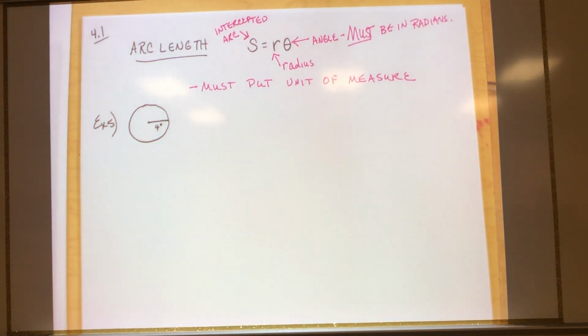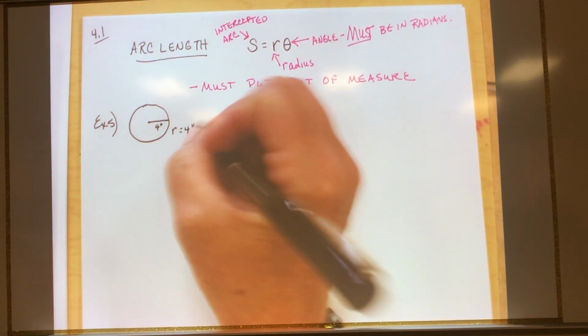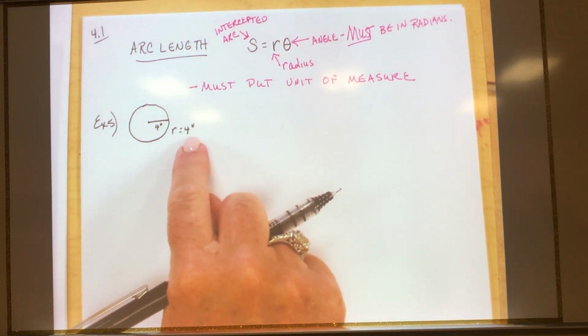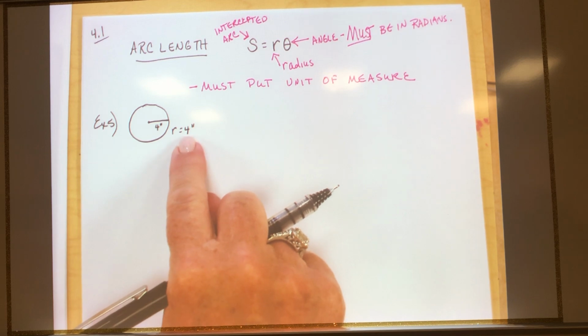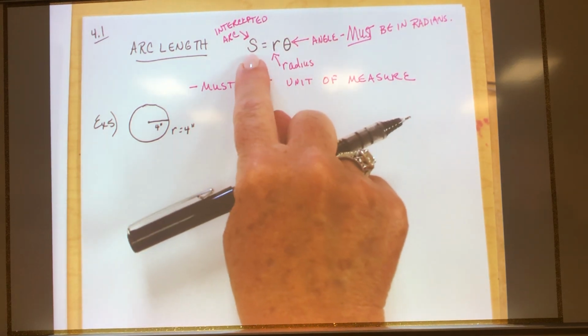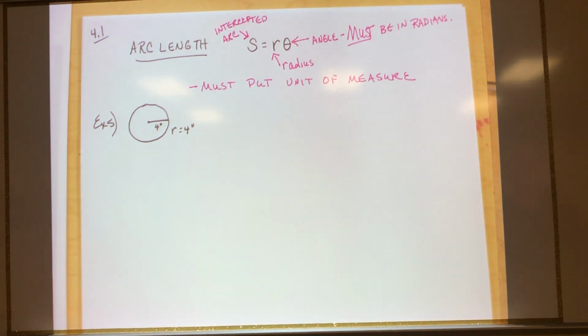Because a picture is worth 1,000 words. Sometimes I'll go out here and I'll write, okay, radius equals 4 inches. Notice how I'm putting the unit right there? Because if this is multiplied by something, like when I multiply this radius by this angle, then what is the arc length going to be in? Inches. He's going to determine what your arc length is in.